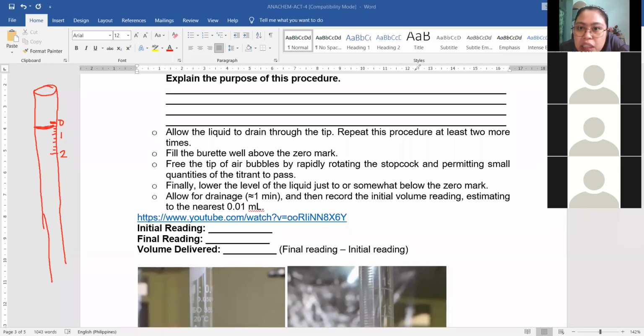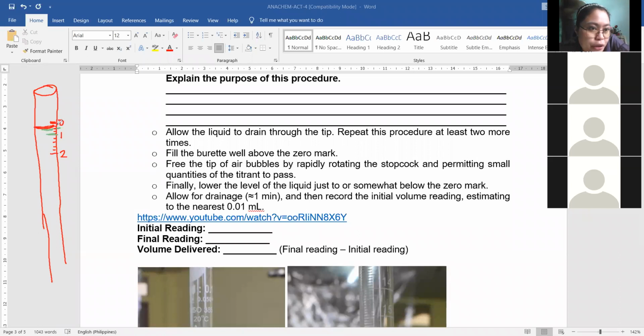Wait, let me change the color of my pen. Saan tumama yung lower meniscus? So, dito siya tumama. So, for example, ito yung iyong lower meniscus. So, yung initial reading mo yan, class, if this is 1 ml, let's divide it.